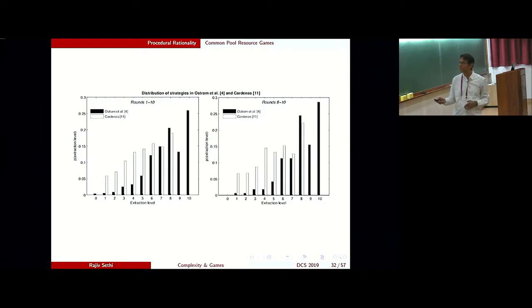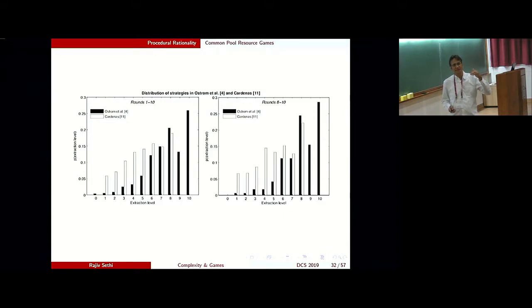Cardenas only goes from 1 to 8, Ostrom goes from 0 to 10. What you observe subjects doing is this sort of monotonic frequency where, at least in Cardenas, the strategy that corresponds to the Nash equilibrium is played with higher frequency than strategies far away from Nash equilibrium. That's what makes you think of quantal response.